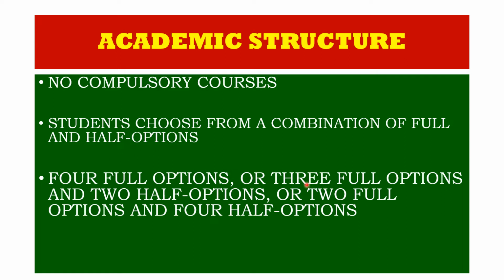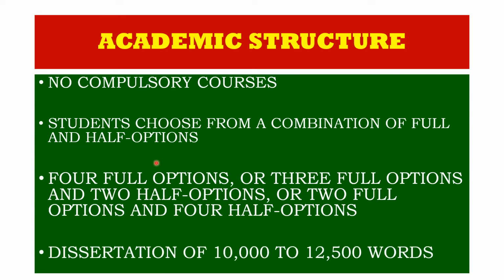But if they want half options, then they may have 3 full options, or 2 full options and 2 half options, or 4 half options. So the students are free to design their own courses, and the students have to work on a dissertation of 10,000 to 12,500 words. This is the academic structure they have.